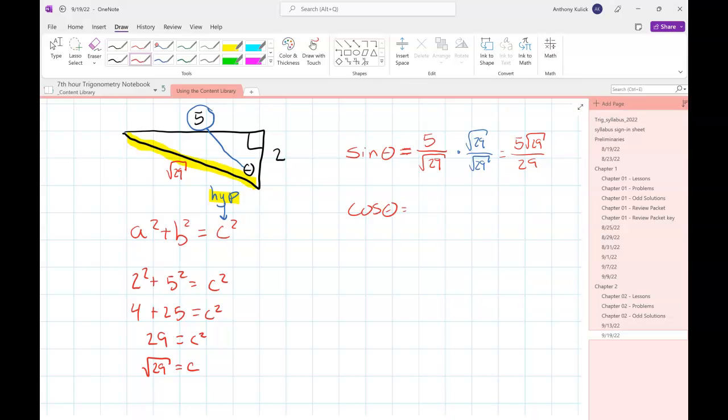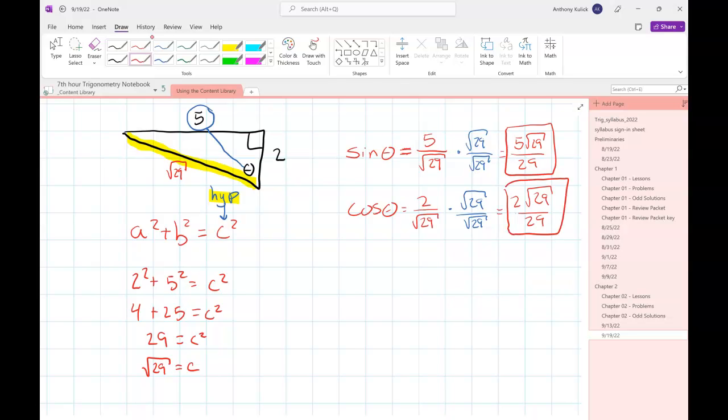Adjacent is 2, and the hypotenuse is square root 29. Uh-oh, we have the same problem. Well, it's not that big of a problem, Mr. Kulik. We just solved it a minute ago. Everybody feel good with that? Guess we could start boxing these up as answers.